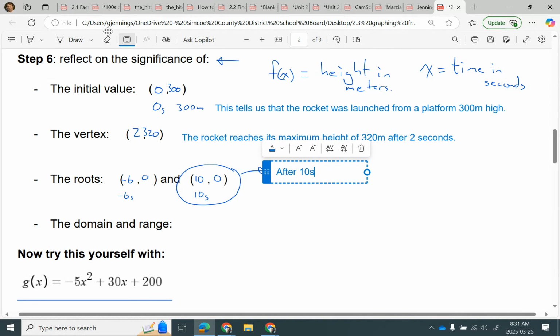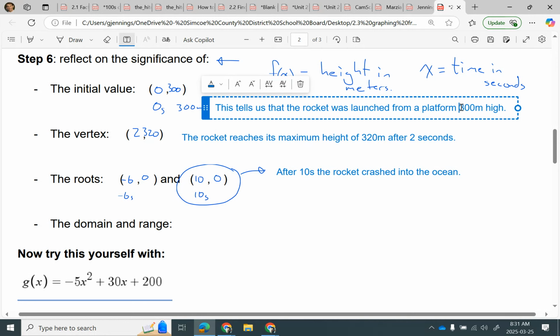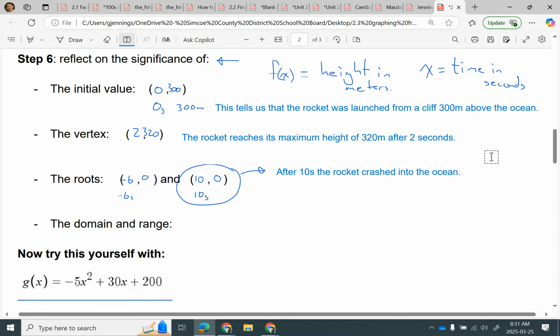Yeah, after 10 seconds, the rocket, I'm going to say crashes into the ocean, because my visualization is now really strong. I'm even going to change this one. Was launched from a cliff 300 meters above the ocean. There, much nicer to visualize now.